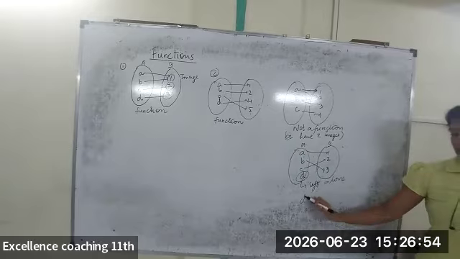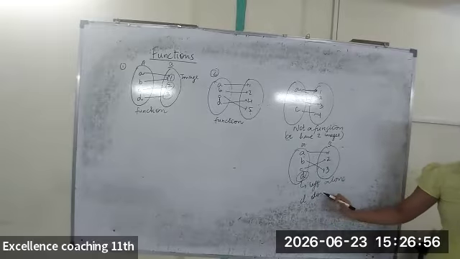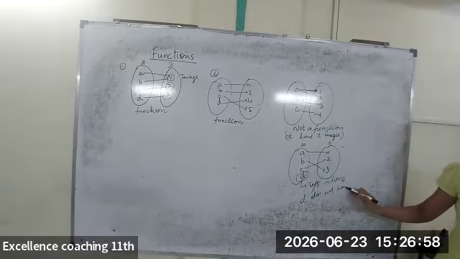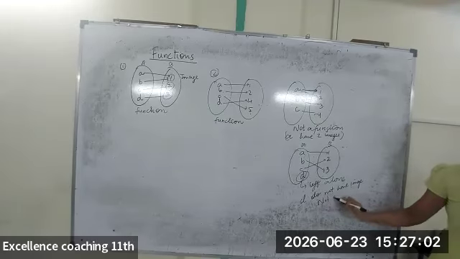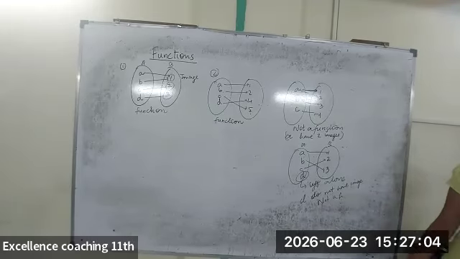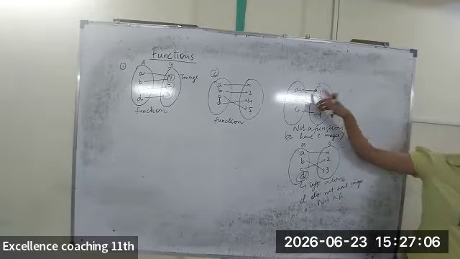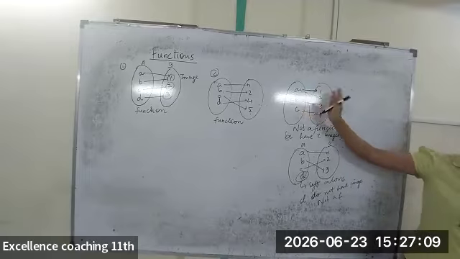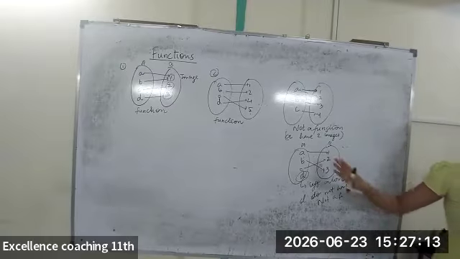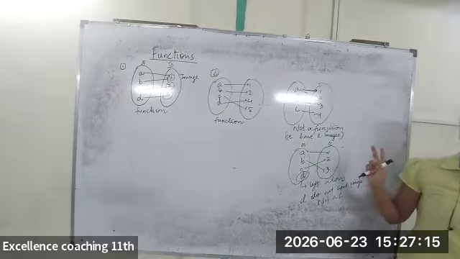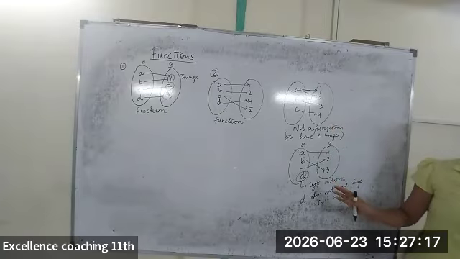D does not have an image. So that is why again it is not a function. So these are your two conditions. First, A should not be going to two places at the same time, where A means anyone, any element. And the second condition, no element should be left alone in the first set. These are your two conditions to check whether it is a function or not a function.